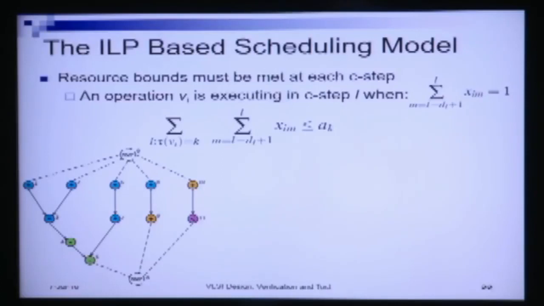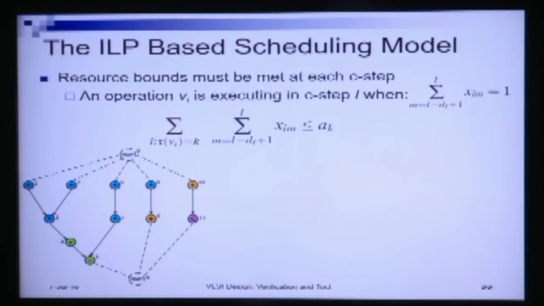An operation Vi is executing in C step L. When is it executing in a certain C step or a current time step L? When the operation has started at most Di time steps earlier. So, if Di is the delay or propagation delay of the ith operation, and this ith operation is executing at the current time step, it must have started at most Di time steps earlier. It cannot start earlier than this.